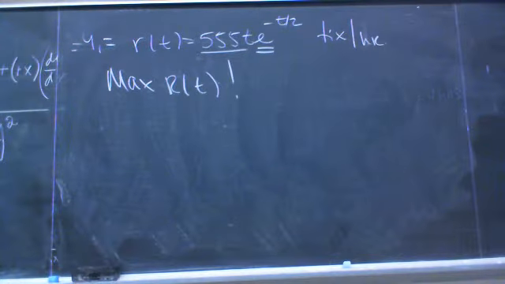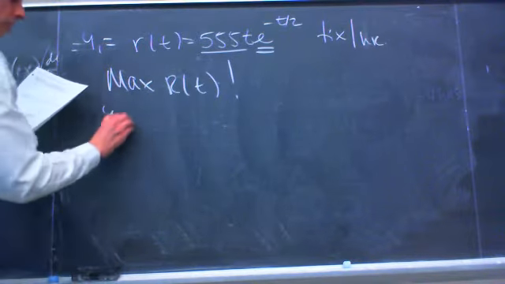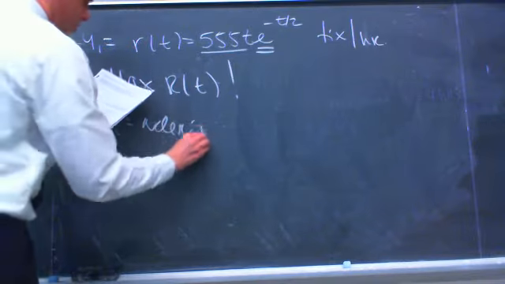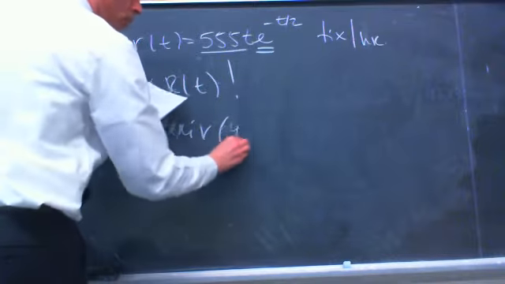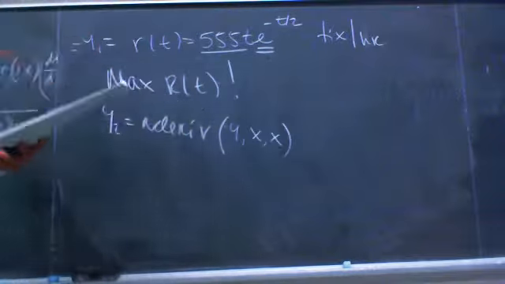And we're going to do 555 x times second e to the negative x divided by 2, close it. And I'm going to turn that off, and I'm going to go to y2, where I will have entered math 8, the derivative of y1 comma x.